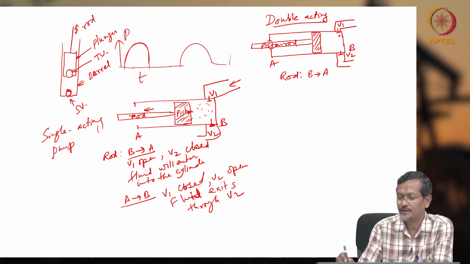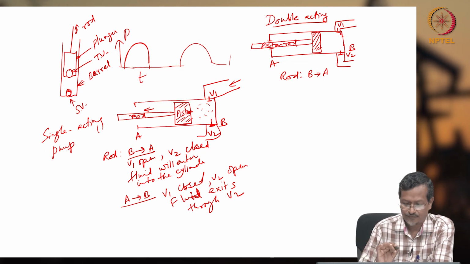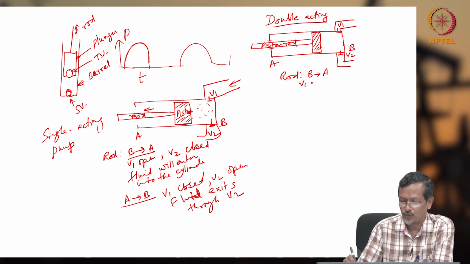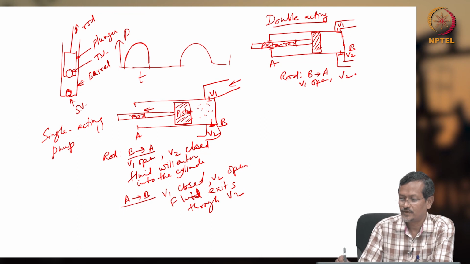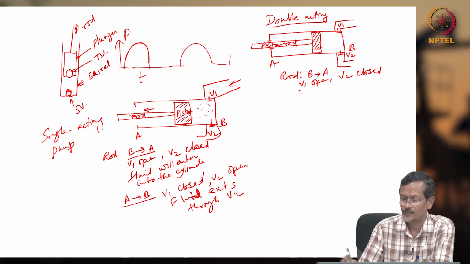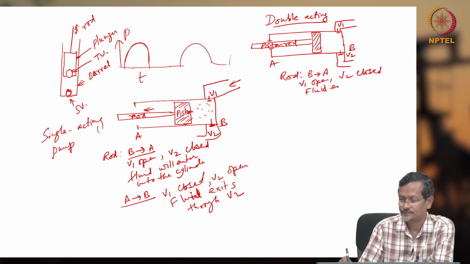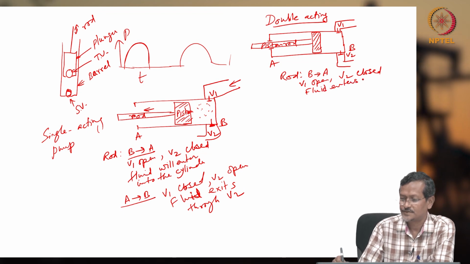B to A moving means the same phenomena will happen. V1 open, V2 closed. Fluid enters the cylinder.